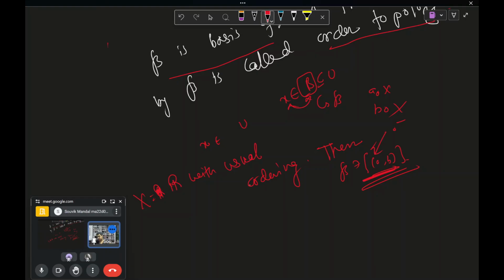So there are examples which tell us that on the real line, the order topology and the usual topology coincide, but there are other examples where we will see that in general these are different. But right now we are not getting into it. We will look into it possibly after next week. Right now we shall start with connectedness.